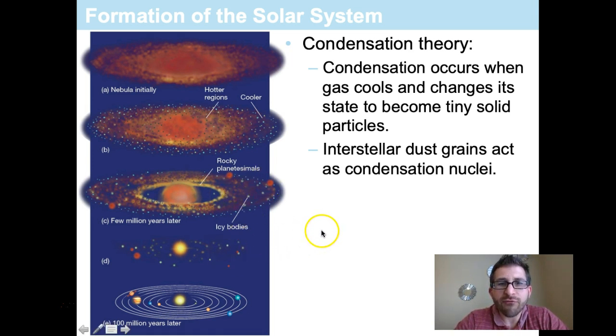Whereas as we go farther and farther out towards the edge here, the temperatures drop off dramatically. And as they do, we eventually get things that have lower melting and freezing points. And those icy and liquidy bodies that are out farther are going to be the icy planetesimals, which will eventually form into gas giants.